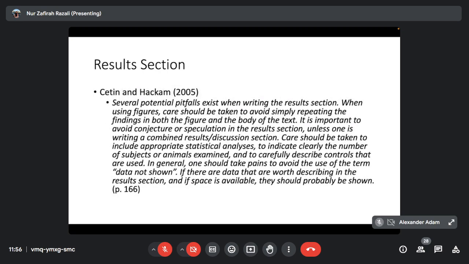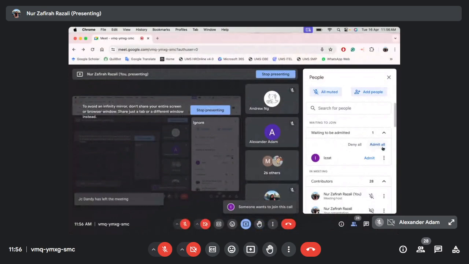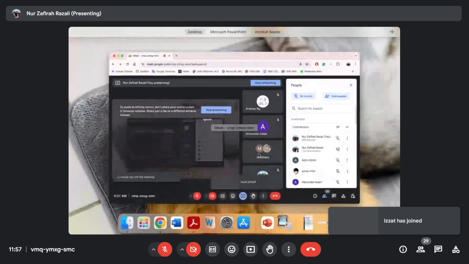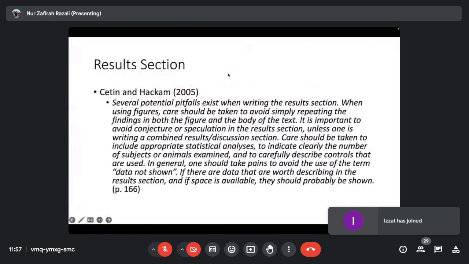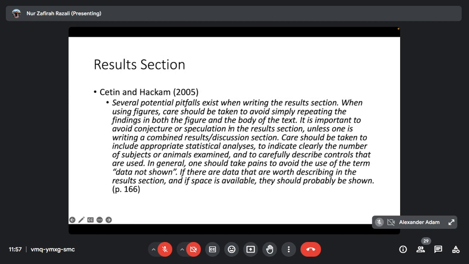Okay, now according to Seton and Hakem, 2005, several potential pitfalls exist when writing the results section. When using figures, care should be taken to avoid simply repeating the findings in both the figure and the body of the text.